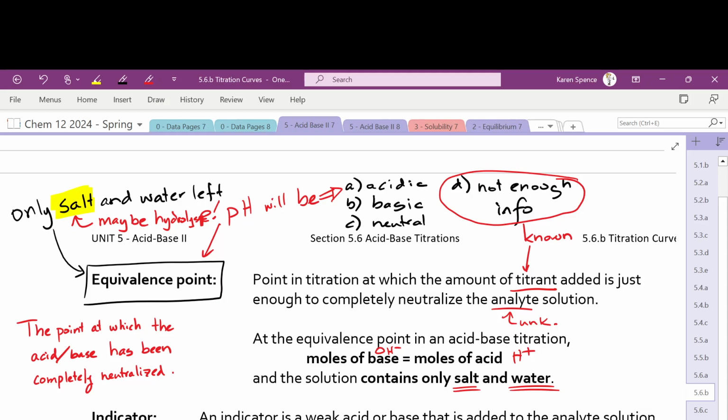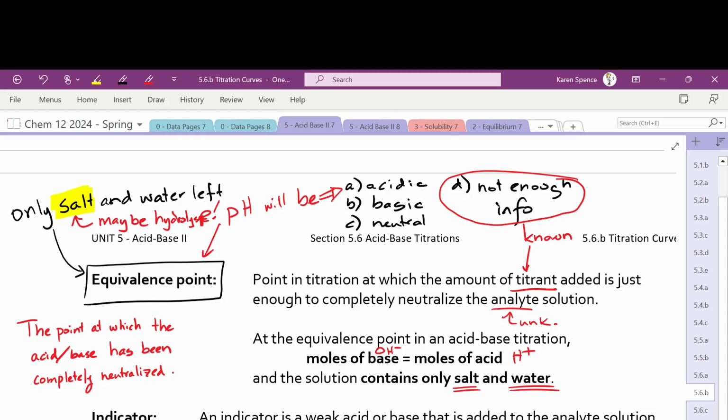Define the term indicator to your partner. I have to tell you guys, I don't like my definition.